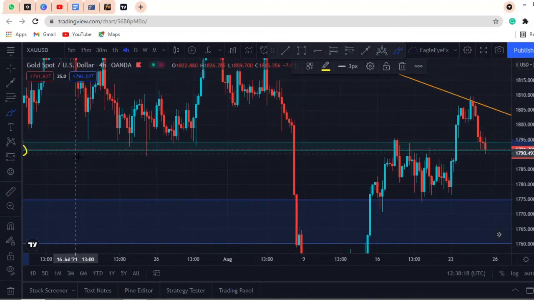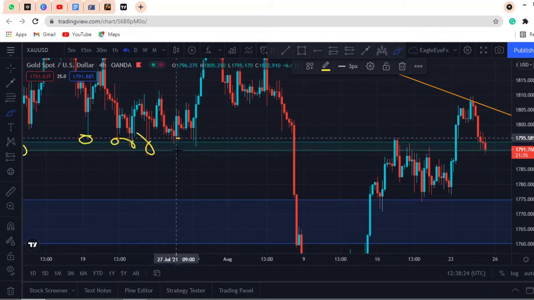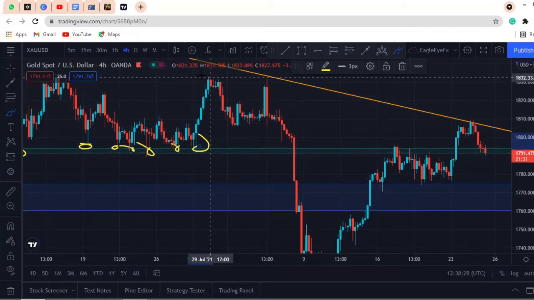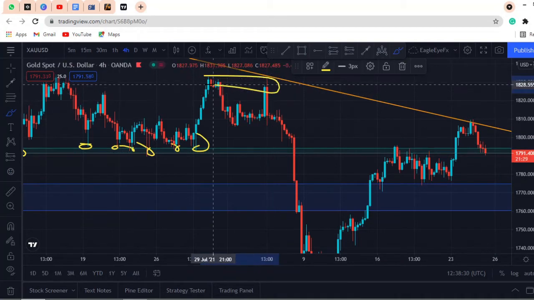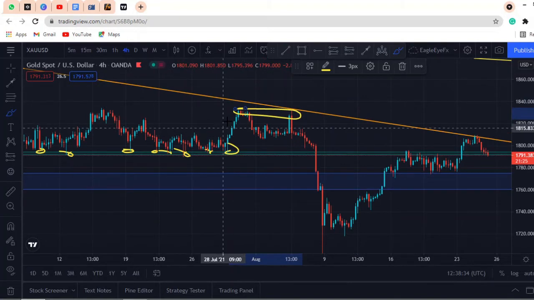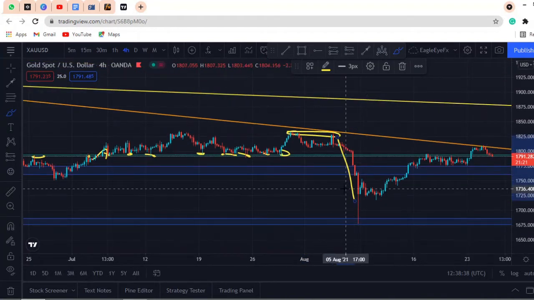Then you see a lot of support in a fake out, before the market, because of this double top here, came with a lot of force and strength to push all the way to this lower level over here.